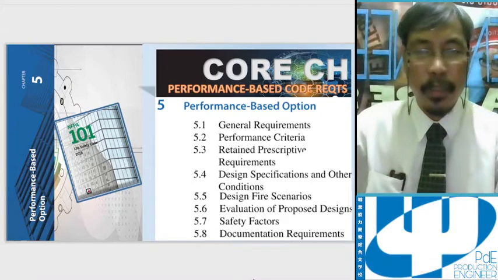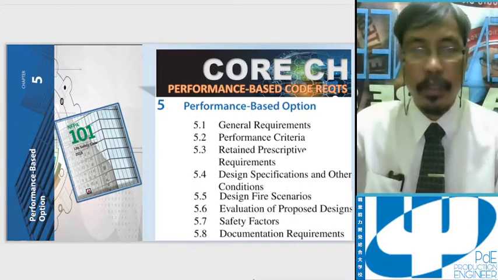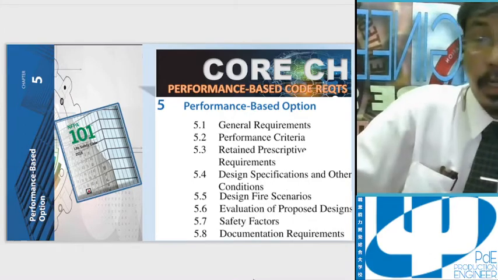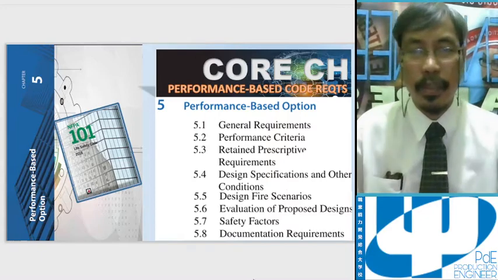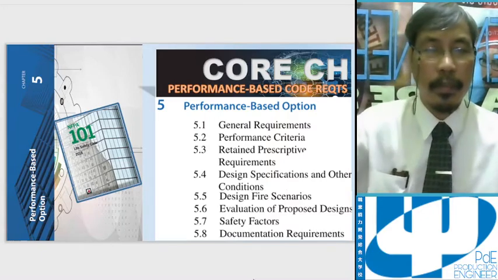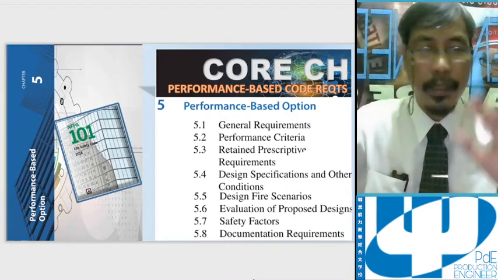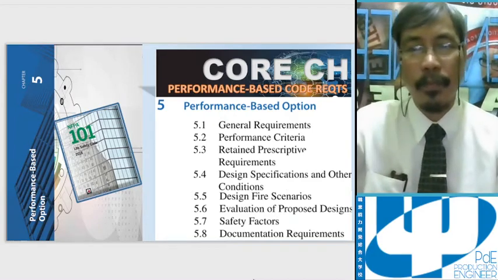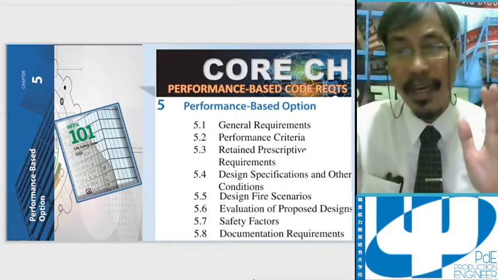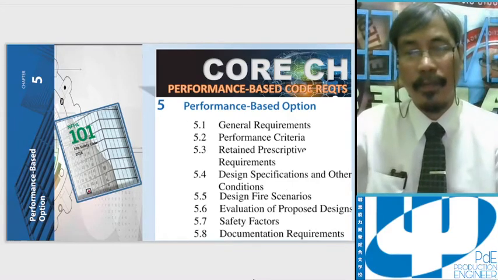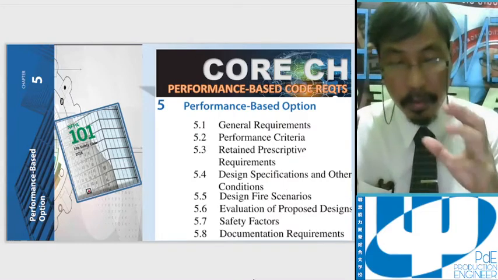So performance-based option have 8 sections. So we have again general requirements as the start of the section, and 5.2 performance criteria. Now, there are criteria involved. This section is not an option to arbitrarily circumvent the provision of the code.